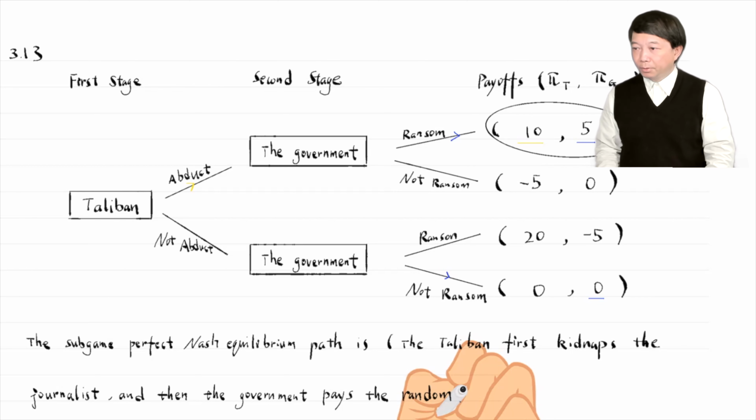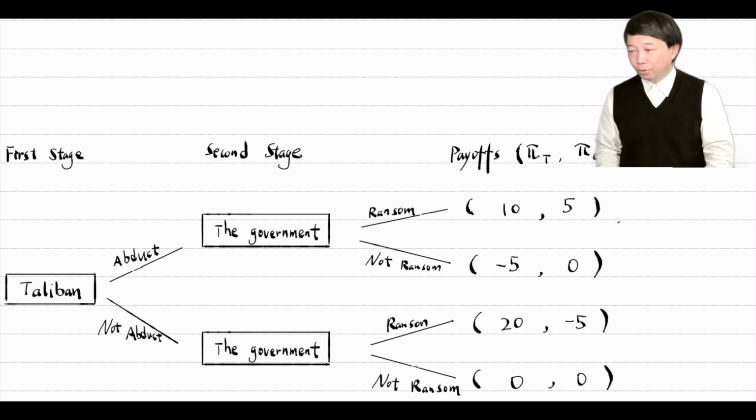One possibility is that the government cares about the future effects of its actions. It considers the negative influence the ransom may cause, such as leading to more kidnappings in the future, and the positive impact of not paying the ransom, like reducing future kidnappings. In that case, the payoff of not paying the ransom changes from 0 to a positive number.